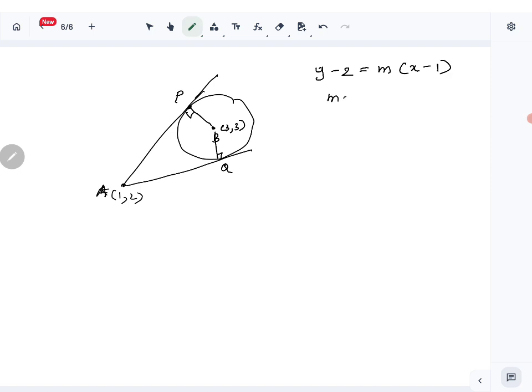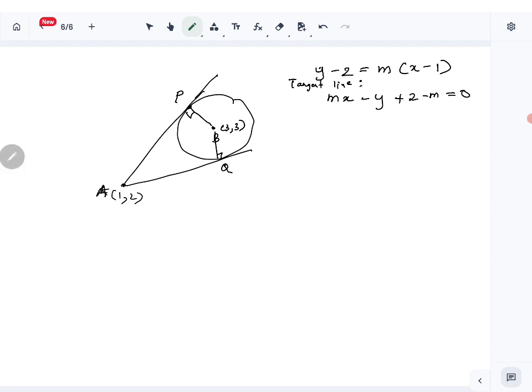Then we'll write it in the ax plus by plus c form: mx minus y plus 2 minus m equals 0, right. That's the tangent line equation, right.